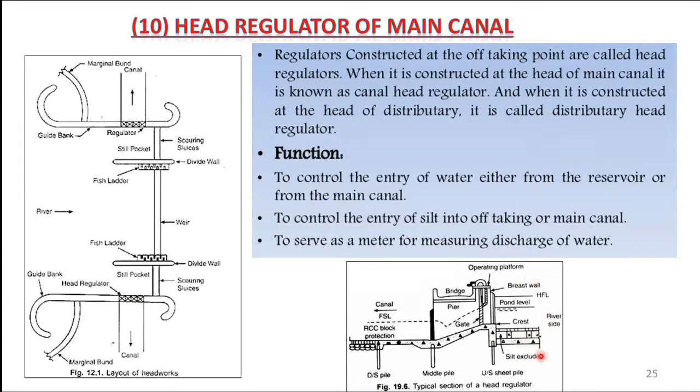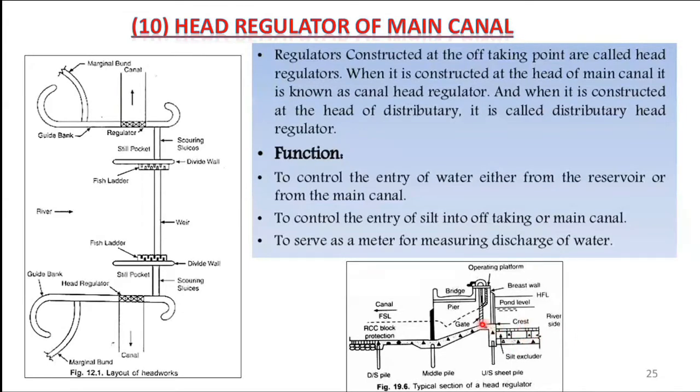So this one is the river, and here you can see these are the silt excluders. Actually, these are the tunnels which we provide in the barrage, and this is the slab of the tunnels, and the heavy sediment water passes through these tunnels.